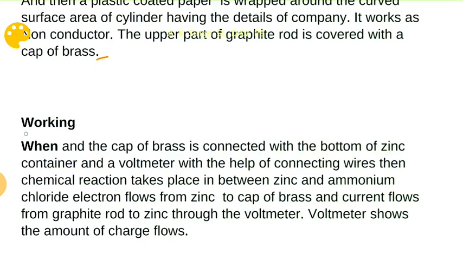Now, working. The cap of the brass, which is given on the graphite rod, is connected with the bottom of the zinc container, because only the bottom of the zinc container is uncovered and the rest is covered.